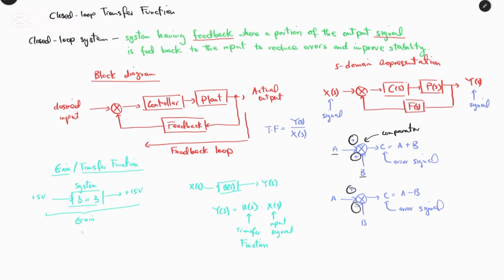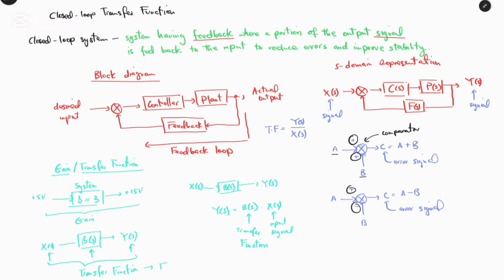And when we talk about the transfer function, we can have X of S, for example B of S, and we have the Y of S, where X of S, B of S, and Y of S are all in the transfer function format.